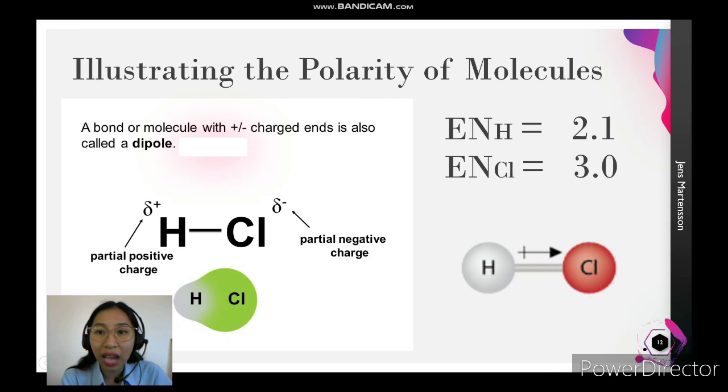Since Cl has higher electronegativity compared to hydrogen, the arrowhead points toward Cl and the positive end is toward hydrogen. So that is how we illustrate the polarity of molecules using these symbols.